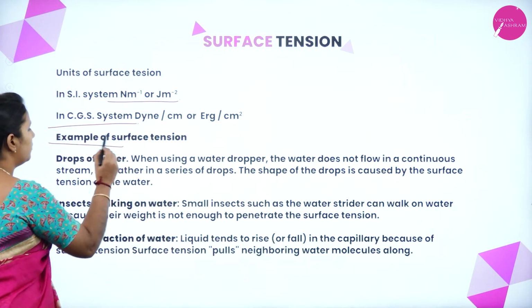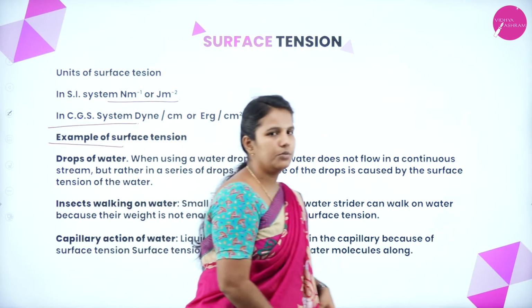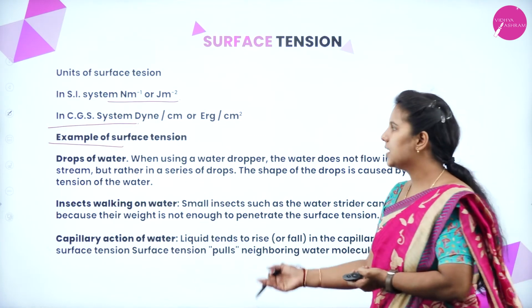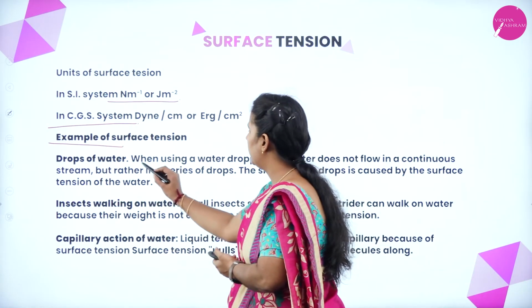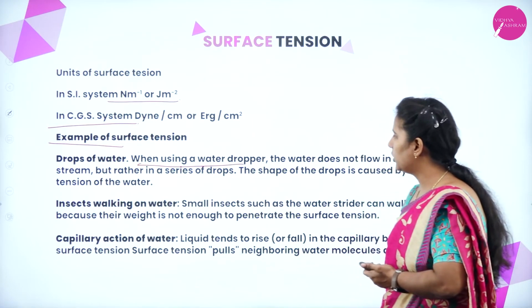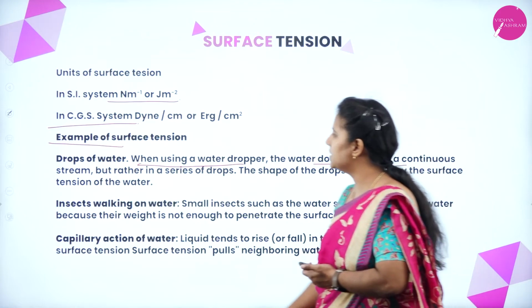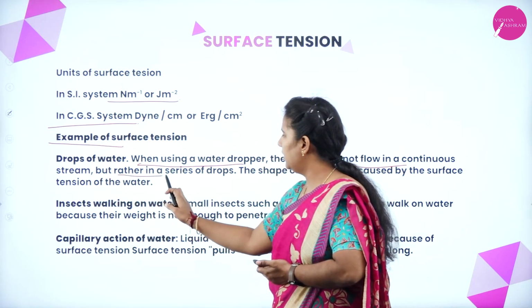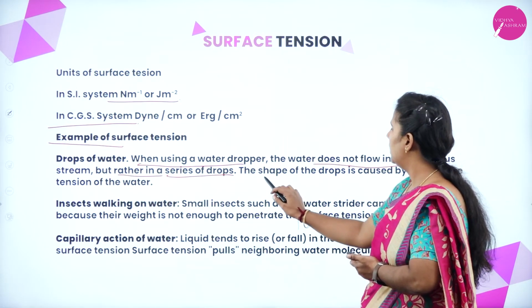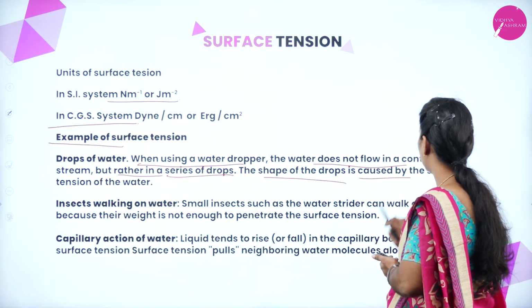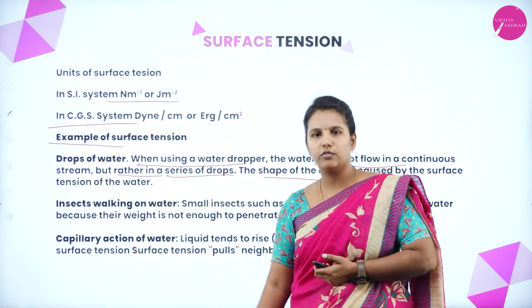An example of surface tension which we also observe in our daily life is drops of water. When you are using a water dropper, the water does not flow in a continuous stream, but rather in a series of drops. The shape of the drops is caused by the surface tension of the water.